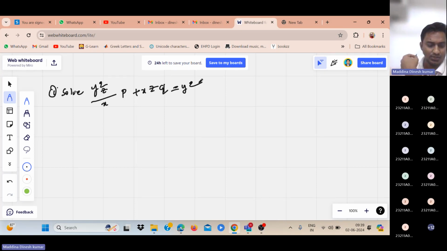I will check this question once again: y square z by x into small p plus xz into small q equal to y square. Okay. Next.